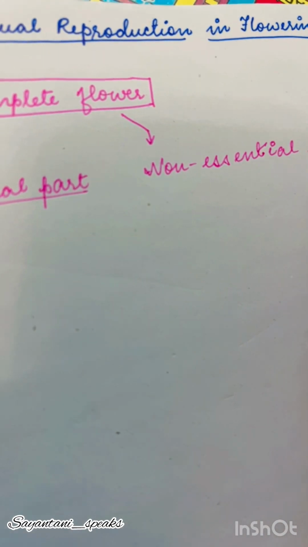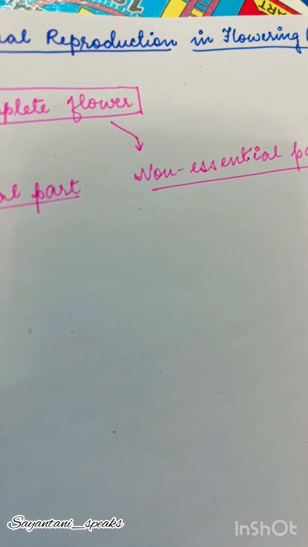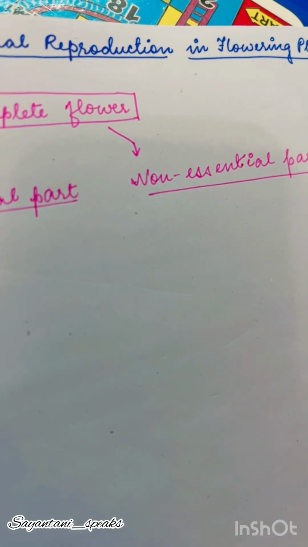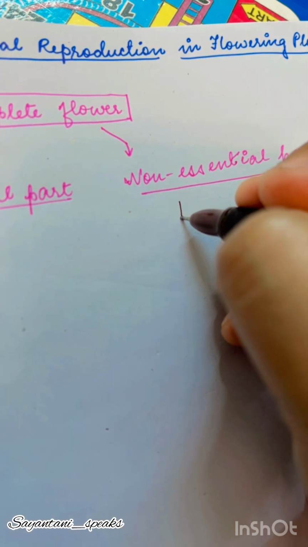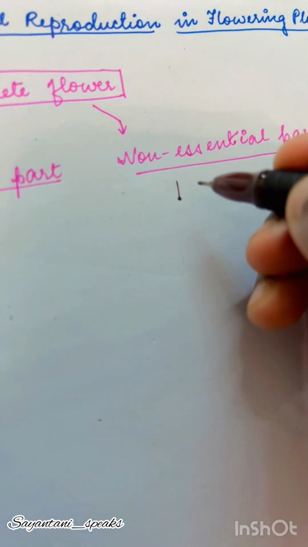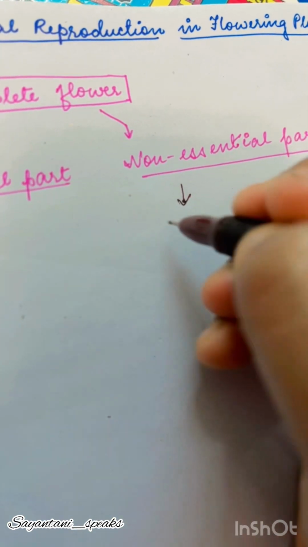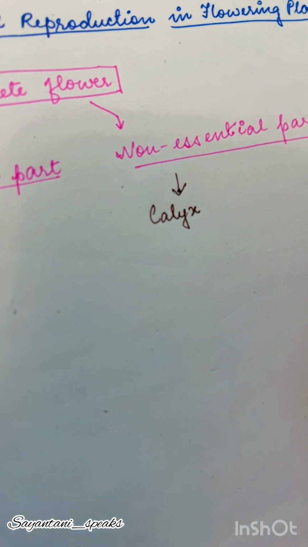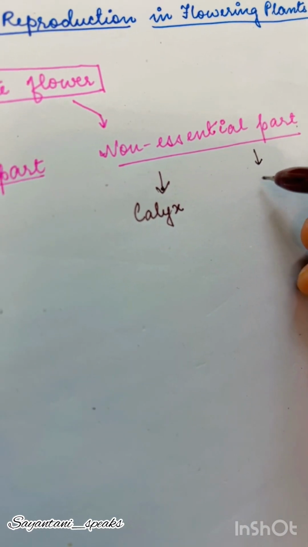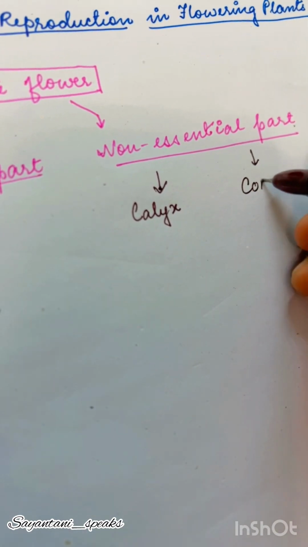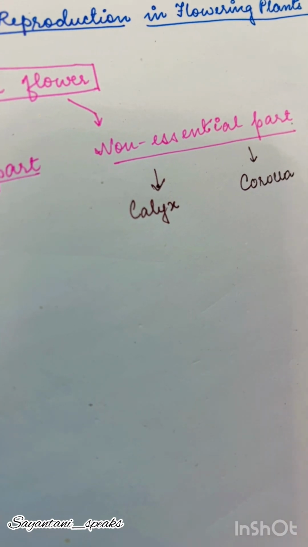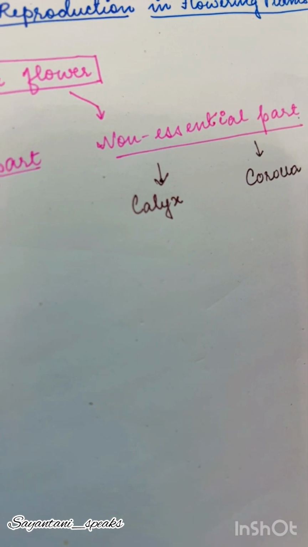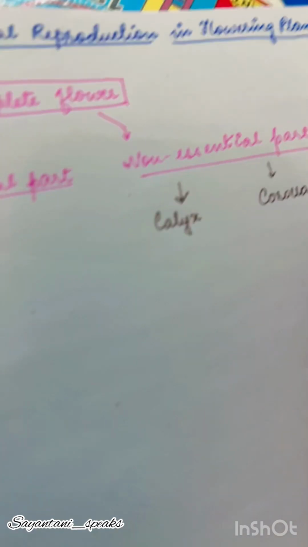In the non-essential part, we generally include the sepals and petals. That means the outermost whorl, which we call the calyx, the individual units are known as the sepals, and the second whorl, which is the corolla, the individual units are known as the petals.